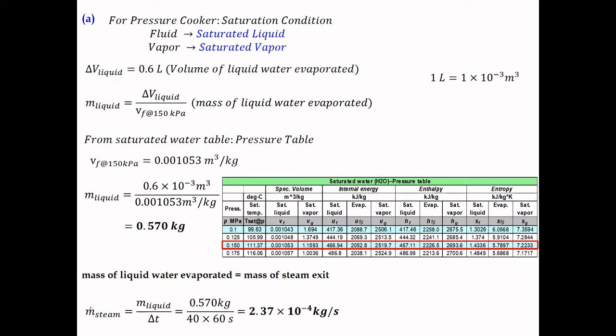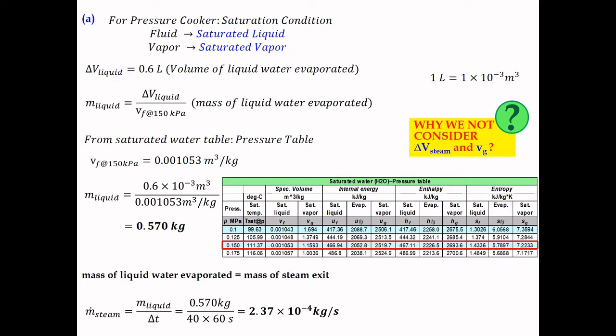So 40 times 60 gives 2.37 times 10 power of negative 4 kilogram per second. So this is the value for the mass flow rate of the steam that exits from the pressure cooker.